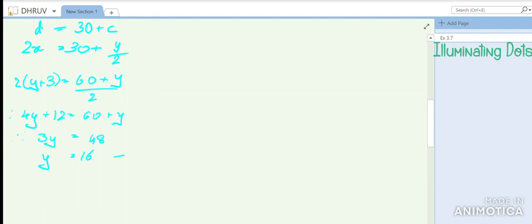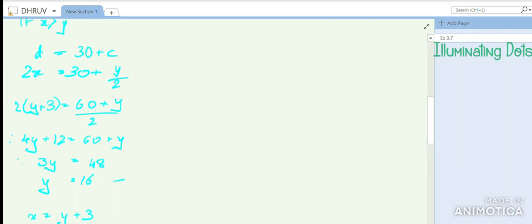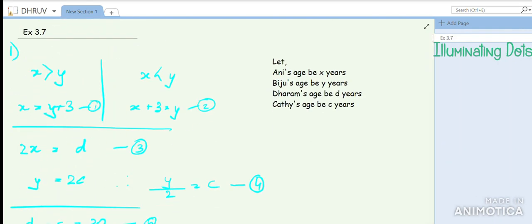Now we took x is equal to y plus 3. So x is equal to 16 plus 3, that is x is equal to 19. So we got the value of x as 19 years and y as 16 years for the first condition, that is if x was greater than y.